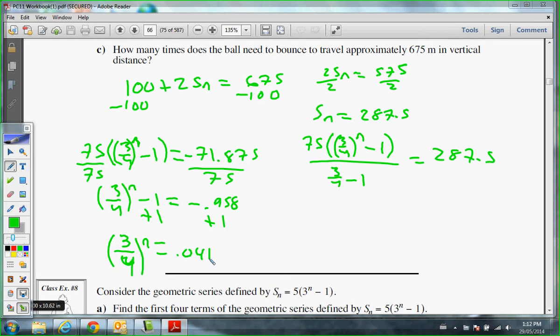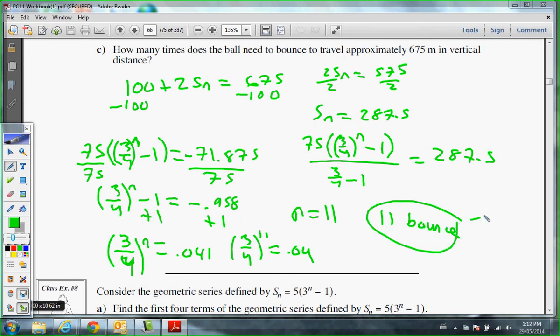To save us a little time here, I started with 10 and it ended up being 11. So 3/4 to the 11th equals 0.04. So n equals 11. So on the 11th bounce, it will travel 675.